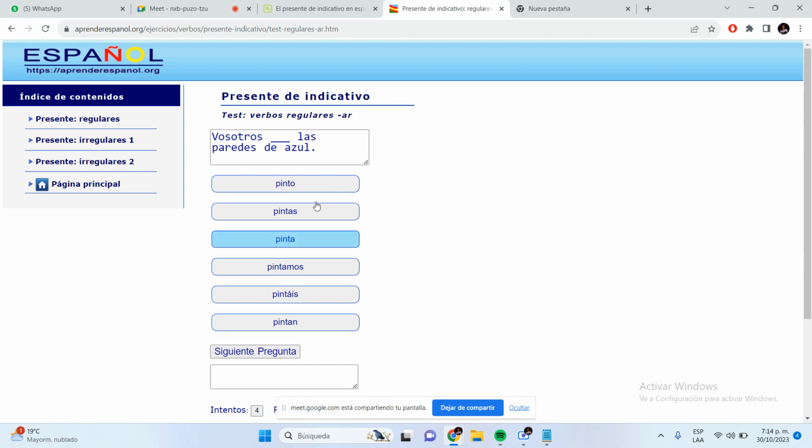Okay, this one is with vosotros, so it's pintáis. Now here, tú, and for tú it's AS. So it's going to be cuidas. And the verb is cuidar, and it means to take care.